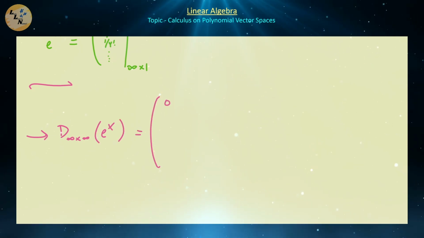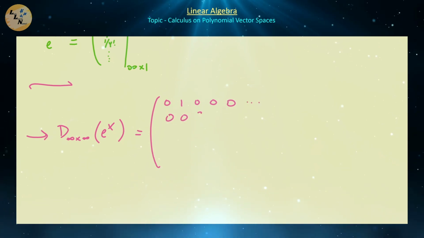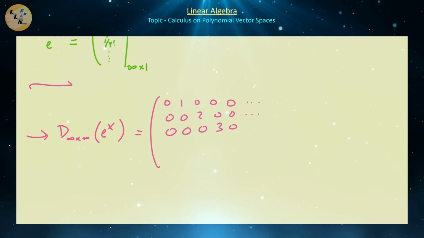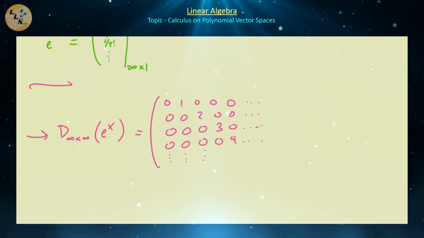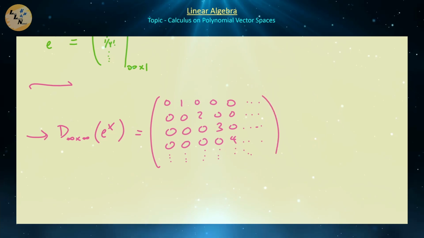So that's going to be equal to 0, 1, 0, 0, all the way out. Let's actually do another 0 there just to see what it looks like. And then we're going to have 0, 0, 2, 0, 0, 0, 0, 0, 0, 3, 0, 0, 0, 0, 0, 4, and that's going to continue all the way down, right?